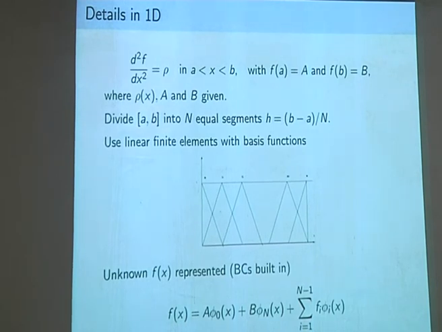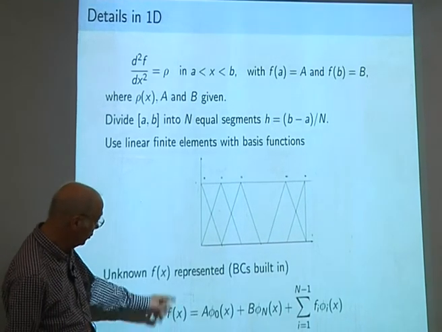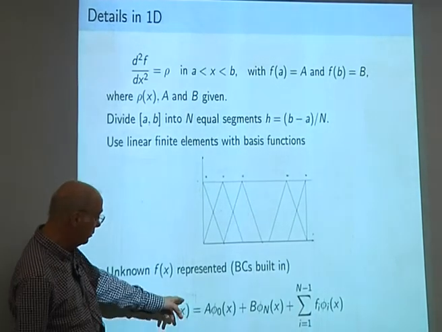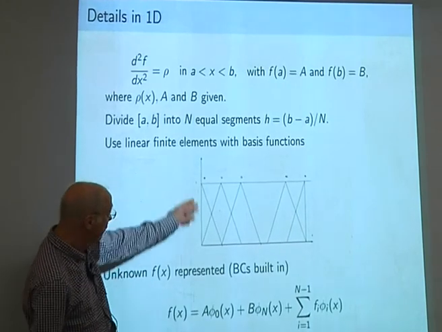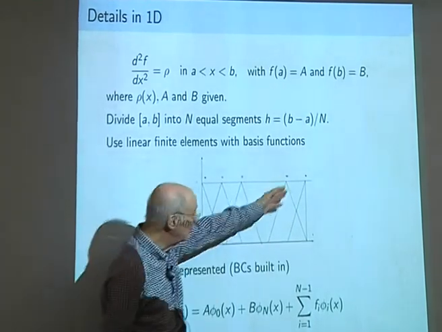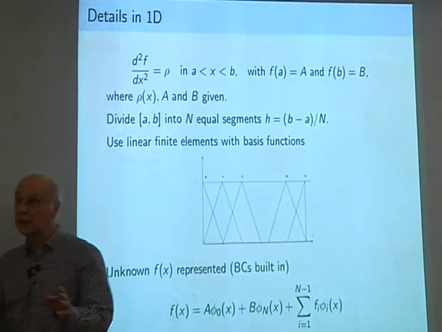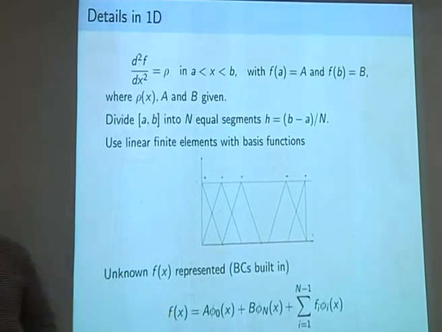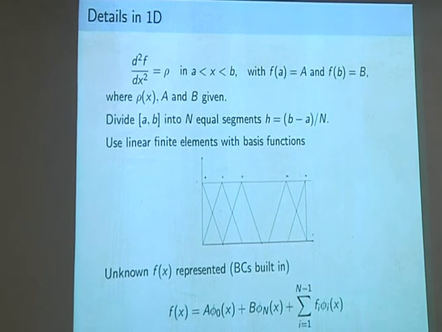We build the boundary conditions in by representing our function over the whole domain, including the boundaries, as a times the first basis function plus b times the last basis function. That means this function satisfies the boundary conditions. And then there are some unknown amplitudes which happen to be the spot values in between, but this is a representation of every value of x, not just the grid points.